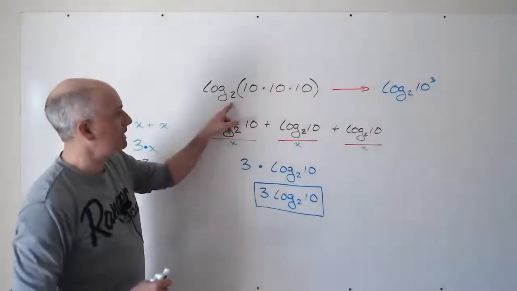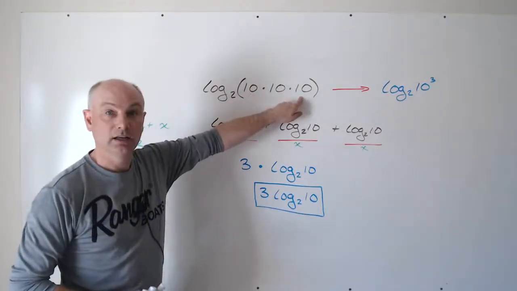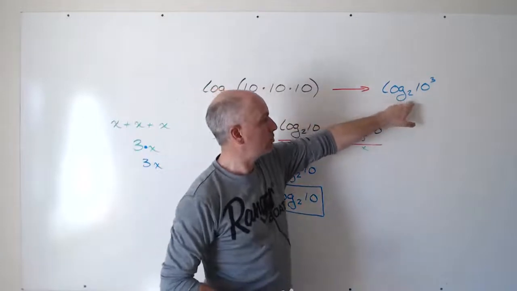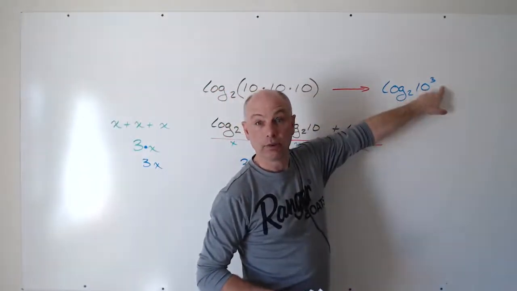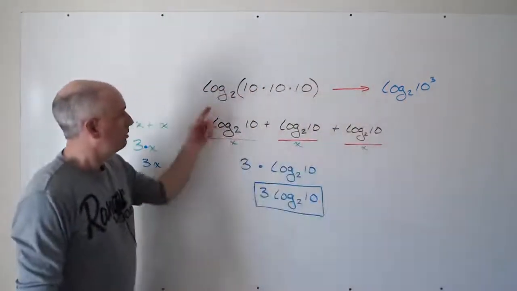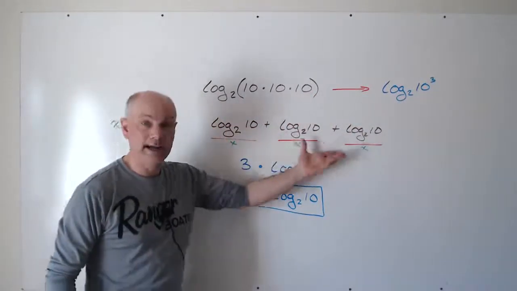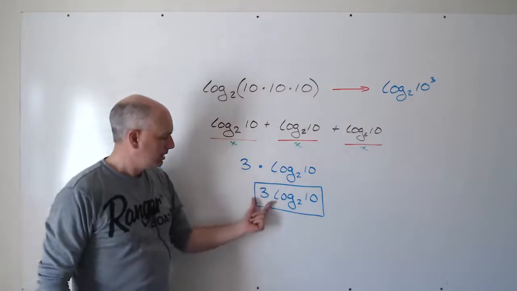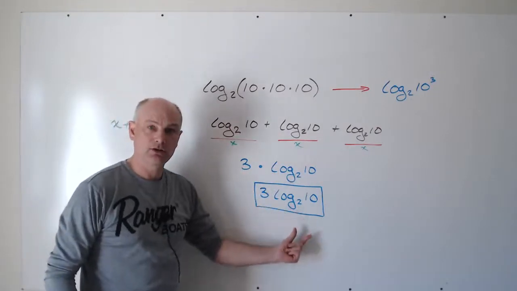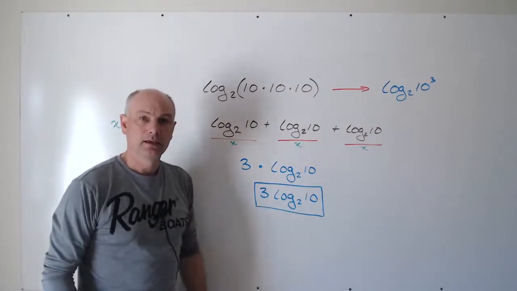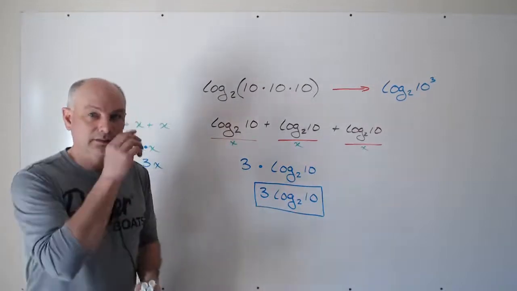So log base 2 of 10 times 10 times 10, I can write as log base 2 of 10 to the 3rd power. When I did the expansion using the product property, I ended up getting 3 times log base 2 of 10. So let's make a connection here.